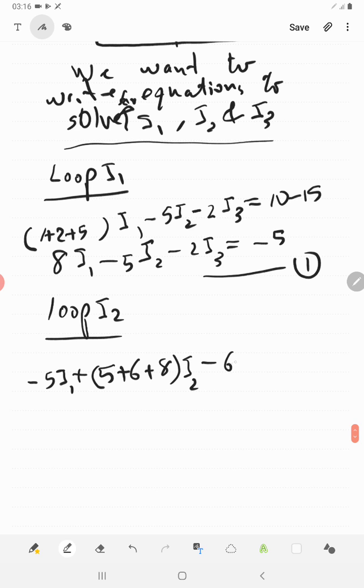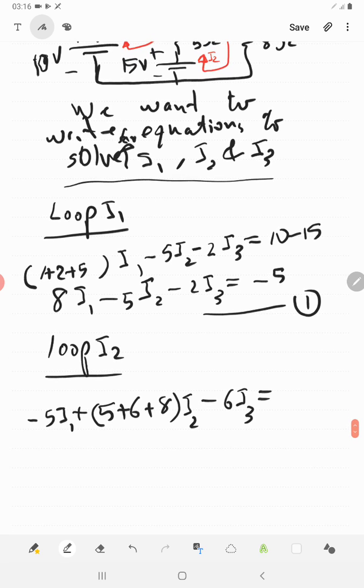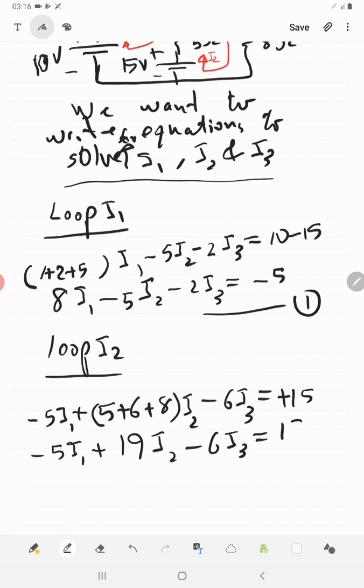Only the 15 volts source, in the same direction, so plus 15. So we have minus 5 I1 plus 19 I2 minus 6 I3 equals 15, and this is equation 2.